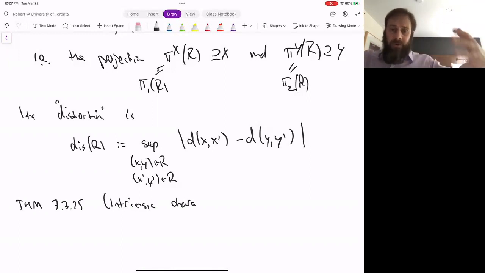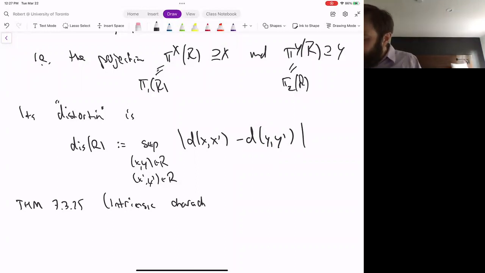I said you have to embed the two metric spaces isometrically into a bigger space and then look at the distance in the bigger space. So that's somehow like extrinsic curvature, when you talk about embeddings of manifolds in some ambient space like Rn, and the mean curvature measures how the submanifold curves inside the bigger space.